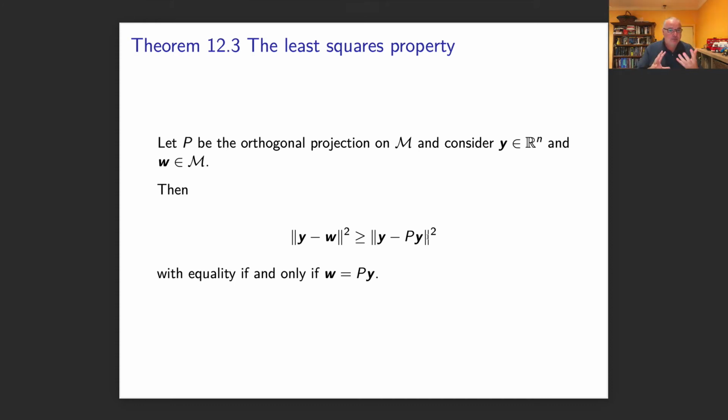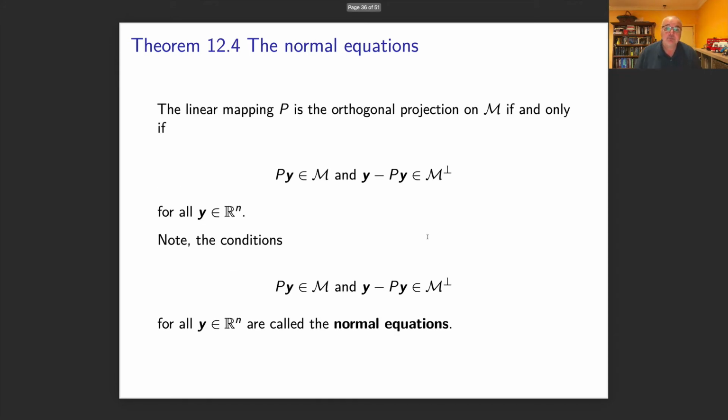Okay, so now we need to find this orthogonal projection matrix. Just to recap, we've got a linear mapping P, and it's an orthogonal projection on M if and only if, first of all, when we take P of y, we get a vector in M. And when we take y minus P of y, we get a vector in M-perp, for all our y.